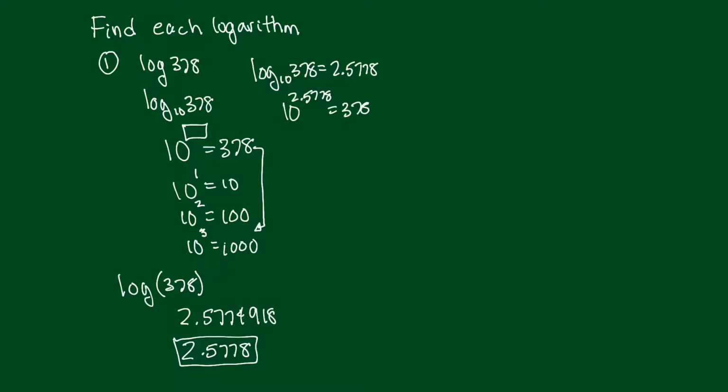Right now, that's really not going to get you exactly there. It's going to be really close because we rounded off. And sure enough, 2.5778 is right between 2 and 3. So we're probably good. Let's take a look at another feature of this problem before we go to the next.